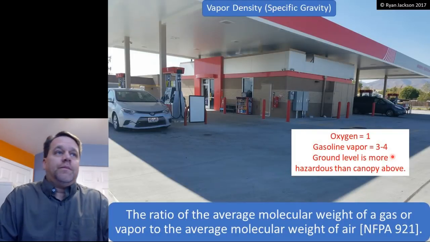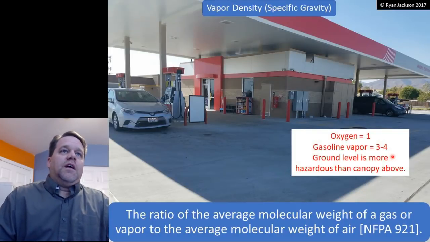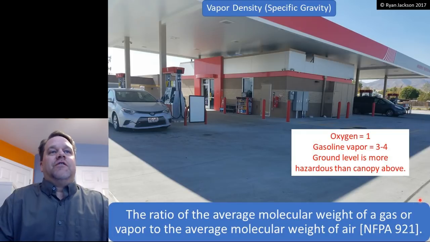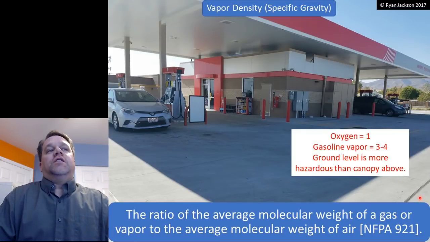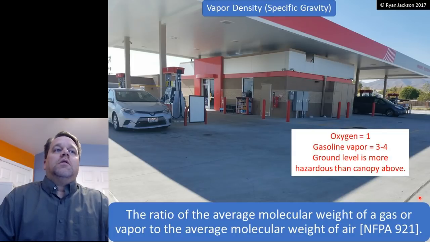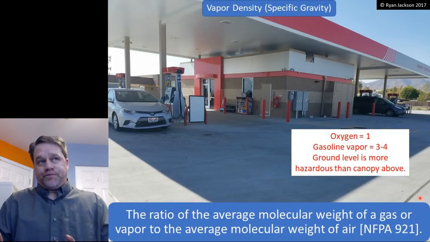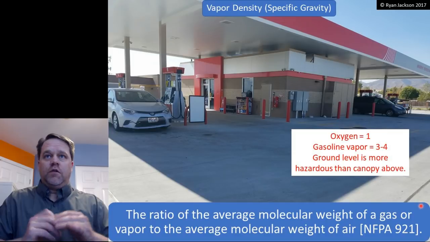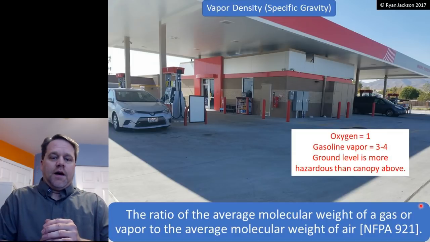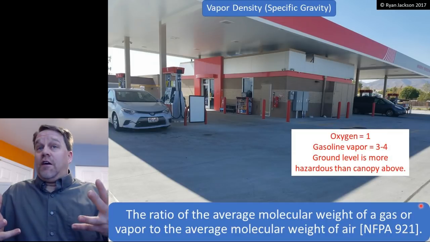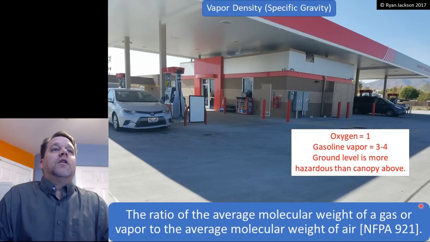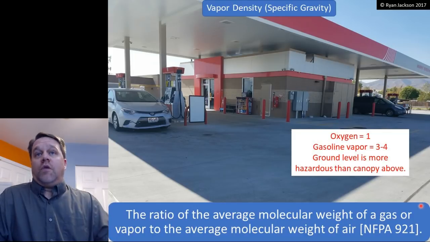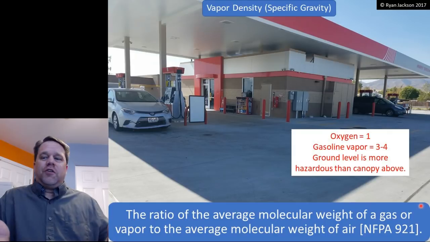So the vapor density, and this is kind of a tough definition, is from NFPA 921. It's the ratio of the average molecular weight of a gas or vapor to the average molecular weight of air. So environmental air is the basis of comparison, and it is 1. It's not 1 gram per centimeter cubed or anything like that.